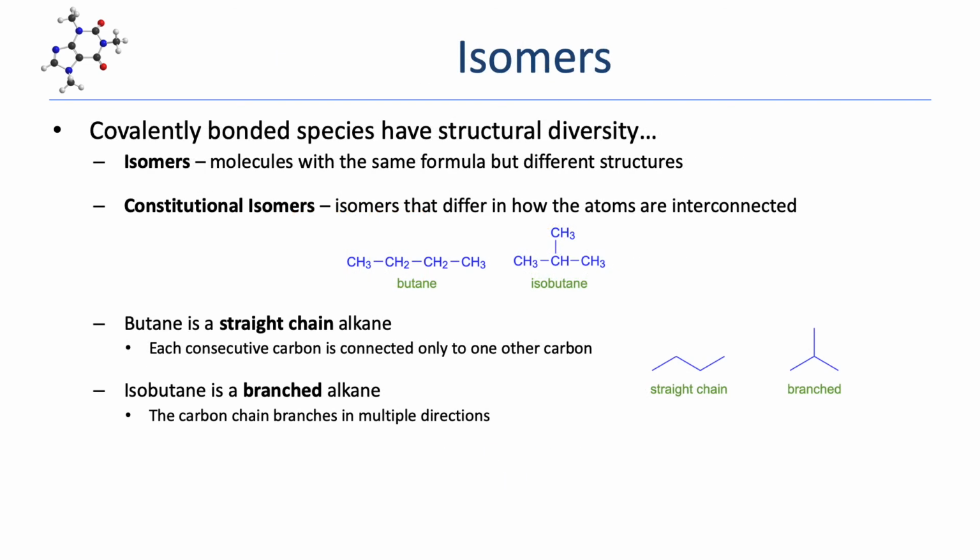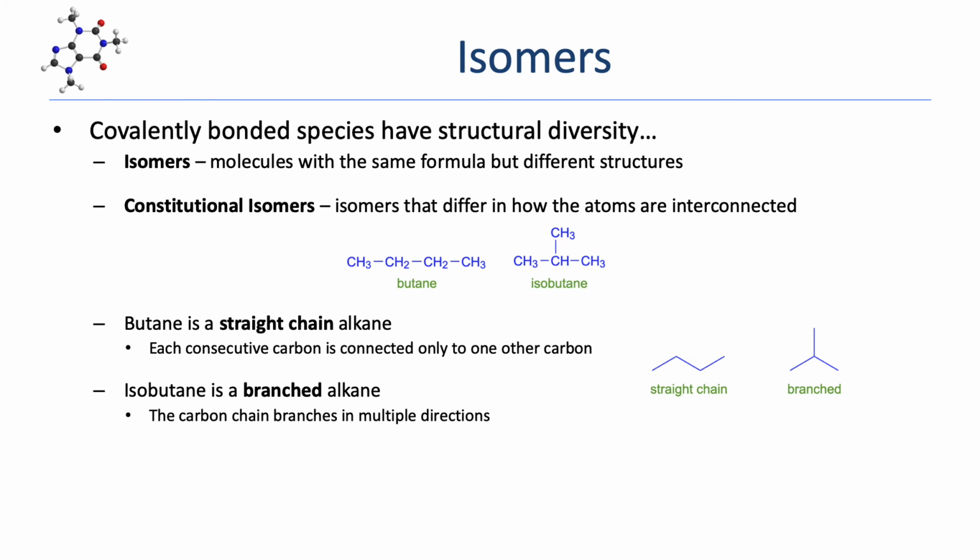Now, organic molecules deal mostly with covalent bonds, and covalently bonded species have a lot of structural diversity. Isomers are molecules that have the same formula but different structures. Constitutional isomers are isomers that differ in exactly how the atoms are interconnected. So I've got a couple of examples here. We've got 2 compounds.